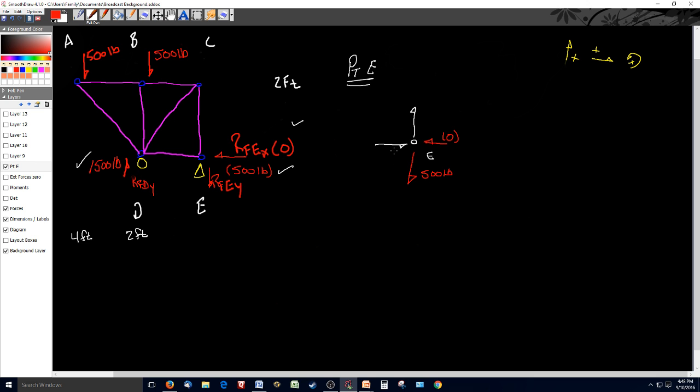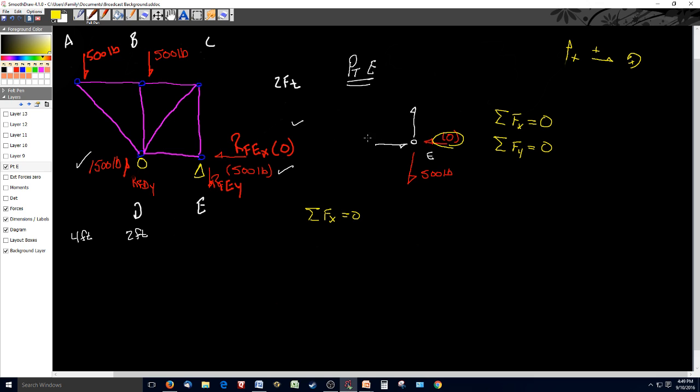Let's go on the premise that if this point is not moving, the summation of the forces in the x direction has to equal 0, and the summation of the forces in the y direction has to equal 0. Let's start with the x direction. What do I have? Well, I've got a force right here, but it's 0.